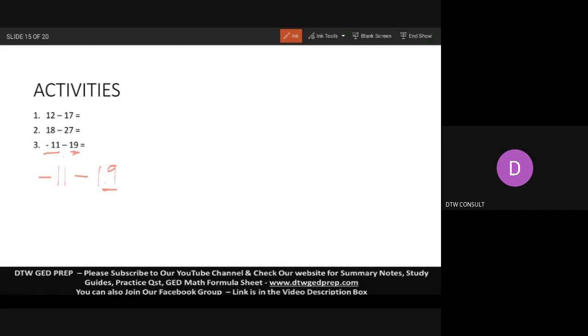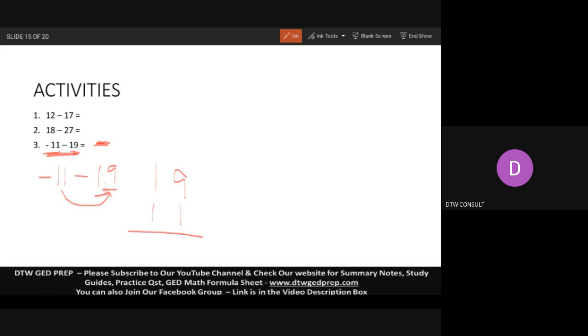That means you are making the number more negative. So if you have questions like this, what we do is we add up these values and retain a negative sign, because you are trying to remove from an already negative number. So you are making that negative number bigger. So we'll retain a negative sign and add up the values.